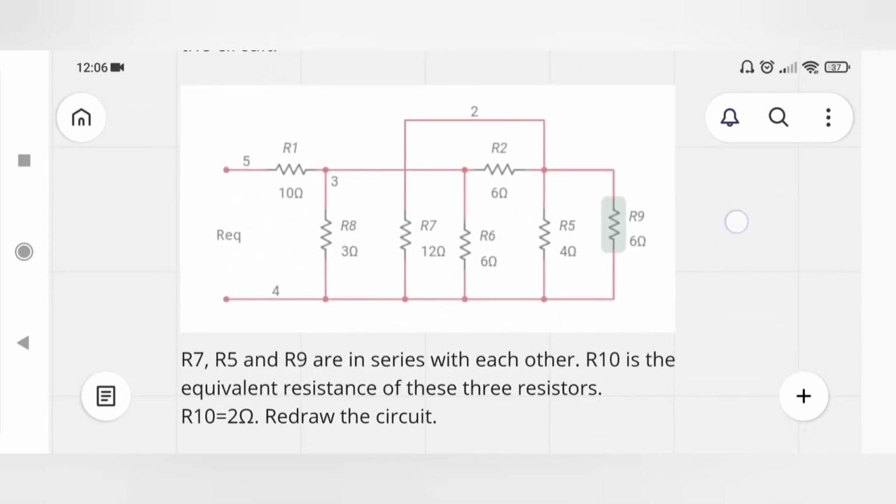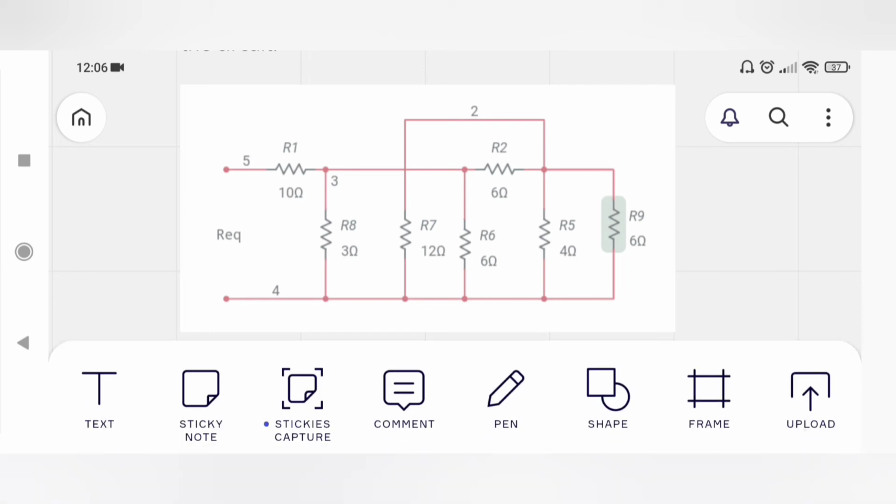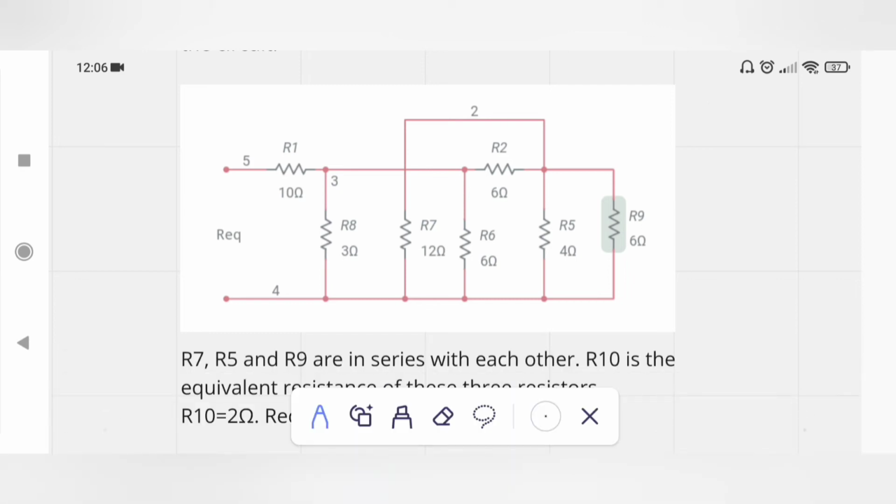This is R9, which is equal to 6 ohm, and you can see R9 is in parallel with R5 and R7. These three resistors share the same nodes: R7, R9 and R5 are connected to this node, and all of them are connected to this node as well.